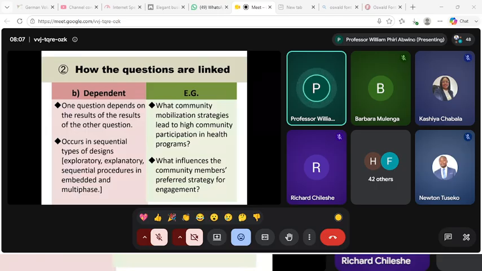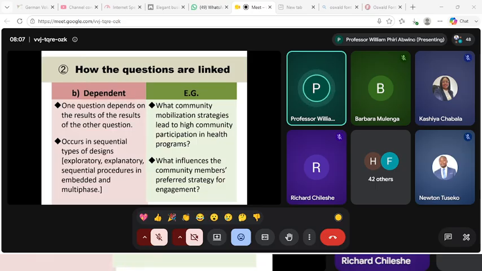Dependent: one question depends on the results of the other. Usually this occurs in sequential designs. Just check, there are two: the exploratory and the explanatory. Remember, I gave you that.